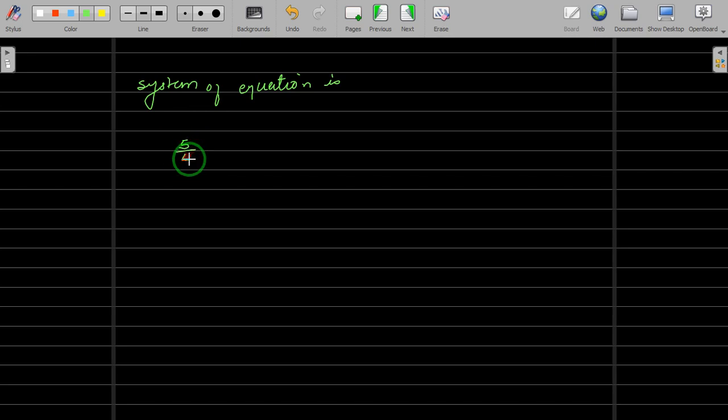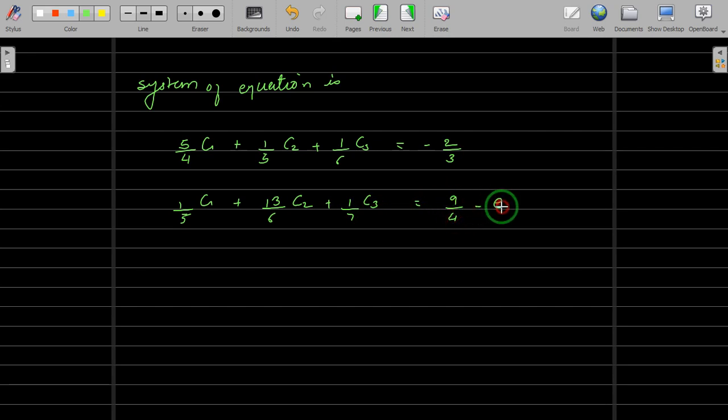You can verify this, you check. 5 by 4 C1 plus 1 upon 5 C2 plus 1 upon 6 C3 is equal to minus 2 upon 3. 1 upon 5 C1 plus 13 by 6 C2 plus 1 upon 7 C3 is equal to 9 upon 4 minus e. 1 upon 6 C1 plus 1 upon 7 C2 plus 41 upon 8 C3 is equal to 2e minus 29 upon 5.